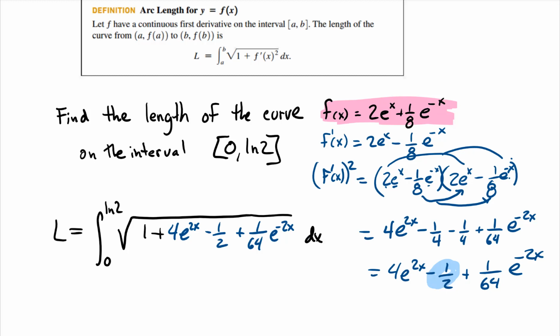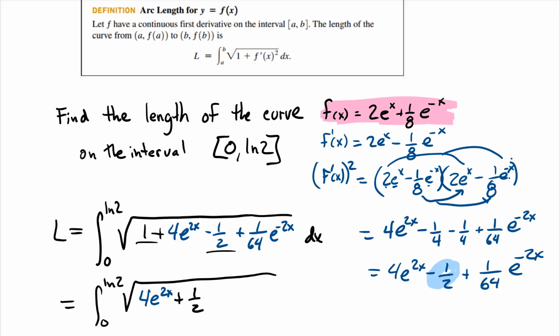So when we put these two things together, we're going to get the 1/2 minus 1/2. Now I'm going to put this in the same order. I want to leave this 4e to the 2x right here out front. And now we'll do our 1 minus 1/2 for positive 1/2. And then we have our plus 1 over 64 e to the negative 2x dx.